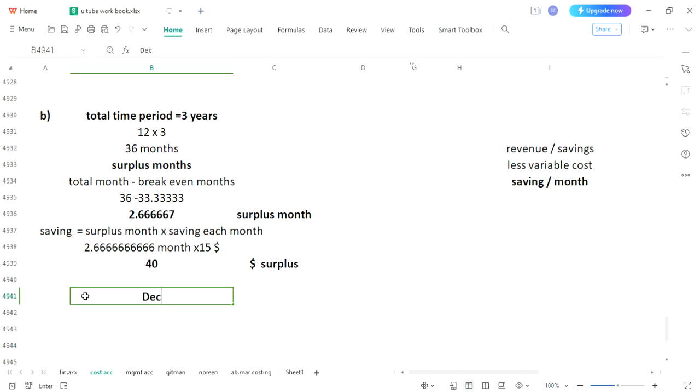If it was a live lecture, live means in a classroom, this decision would have been made by you. Now you will decide whether he should put this device in his car or not. Obviously, you can say that in 3 years he will get $40 additional saving from investment of $500. So you will say yes, he should go for this device.